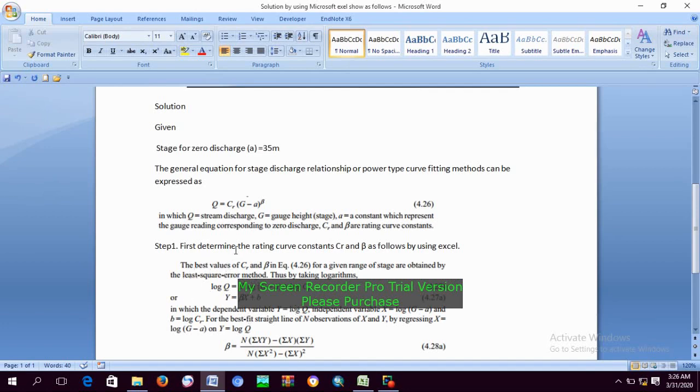Denote log Q as Y and log(G - A) as X, and also log CR as B. Y is the dependent variable and X is the independent variable, so it is Y = βX + B, where β is the slope of the linear equation and B is the Y-intercept.